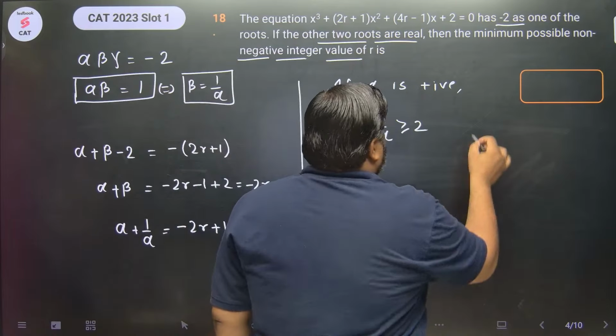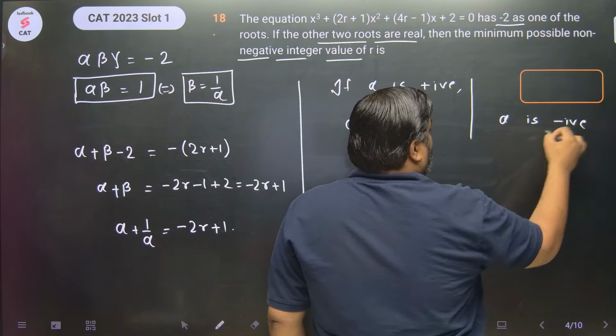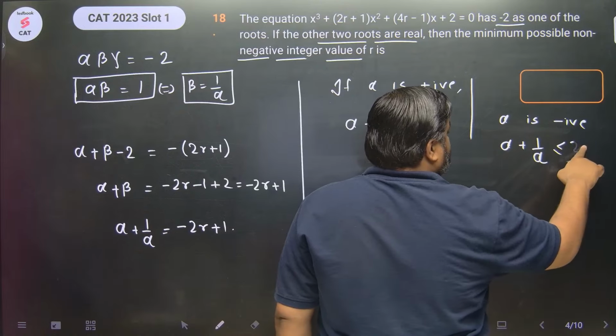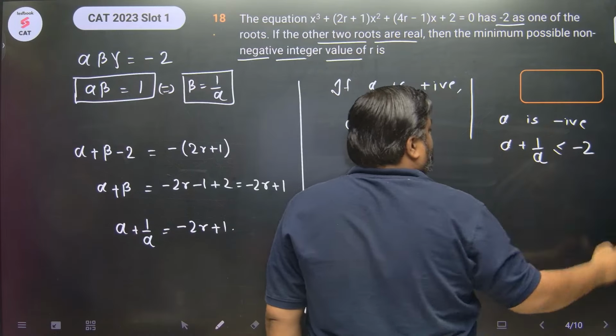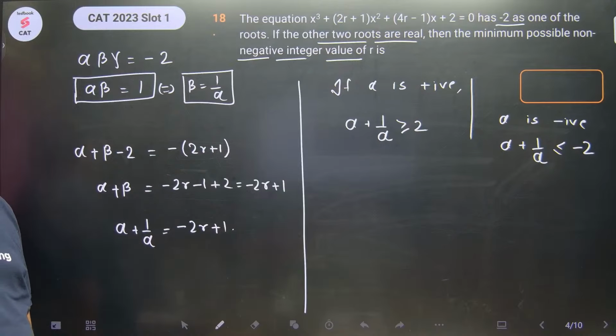But when alpha is negative, then alpha plus 1 by alpha is less than or equal to minus 2. Yes, sir. There are these two properties associated with it.